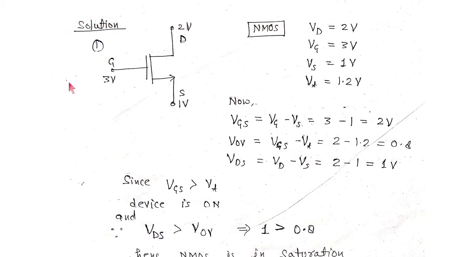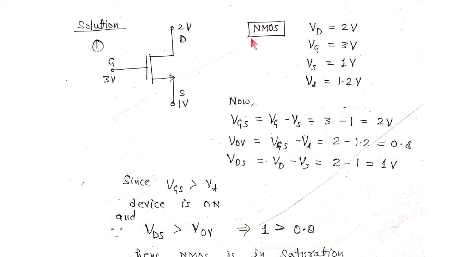For question 1, in the symbol the direction of the arrow is outward. The direction of arrow outwards means it is the source terminal as well as an NMOS device. The terminal to which the arrow is connected is known as the source terminal. So the counterpart will become the drain terminal, and this separated side is represented by the gate terminal.